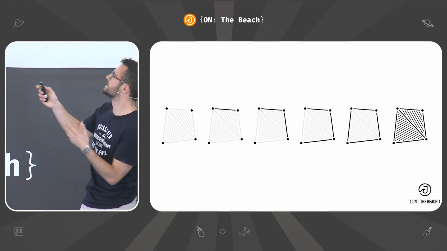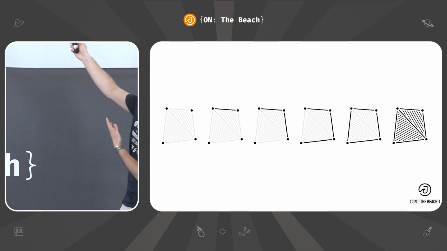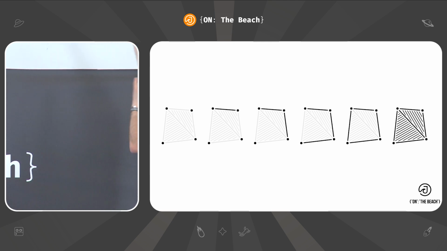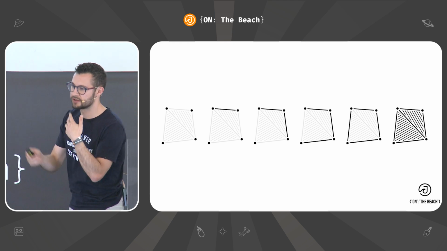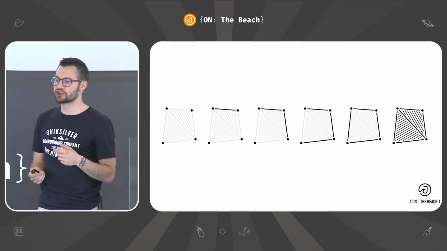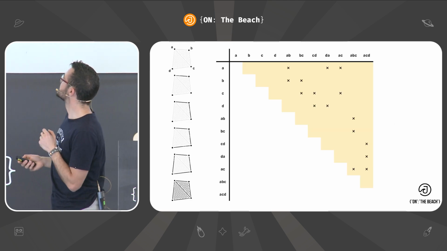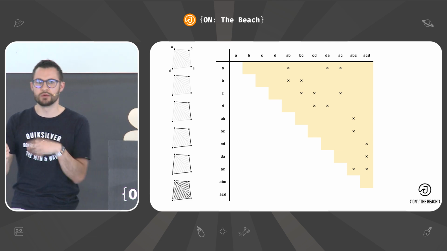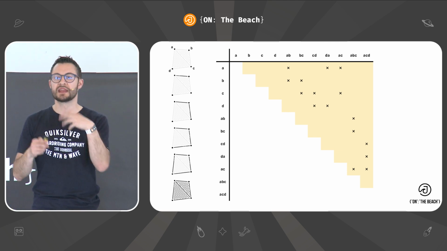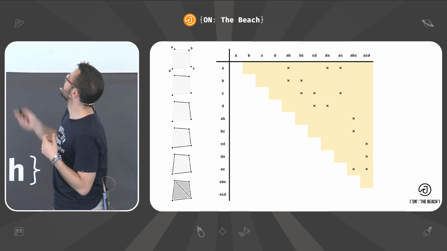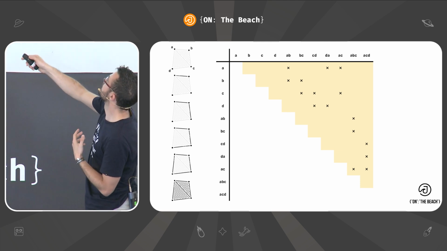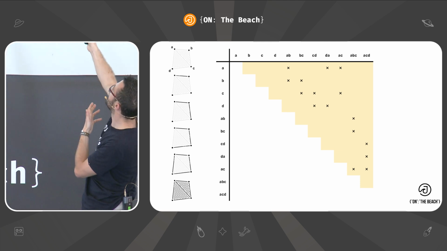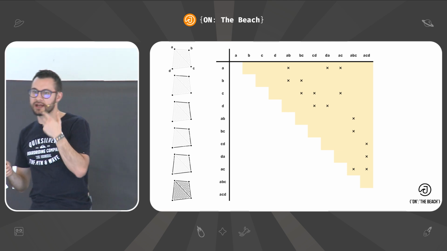And first we add the top edge, then the right edge, the bottom edge, the left edge, and finally the diagonal, which in turn adds 2 triangles. So what we will do is take a matrix in which we will put all these elements. First, the 4 points in order of appearance, then the 4 edges, the diagonal, and the 2 triangles.